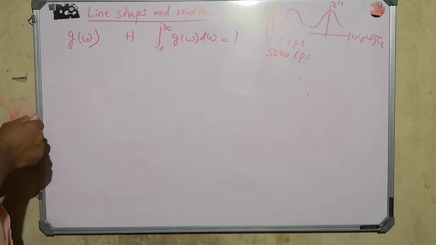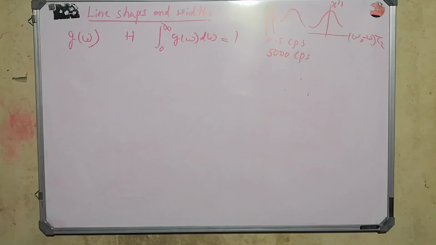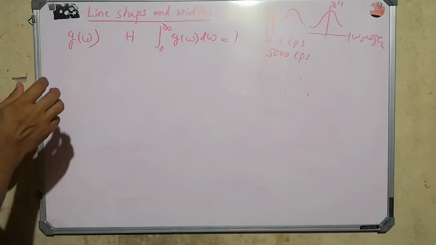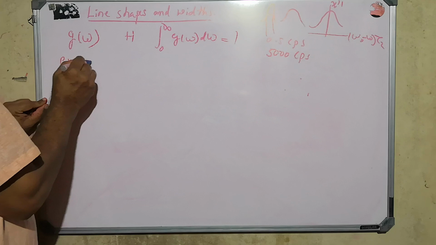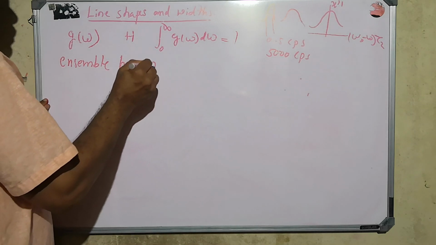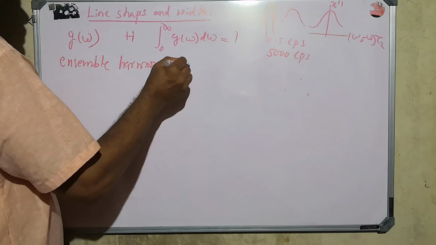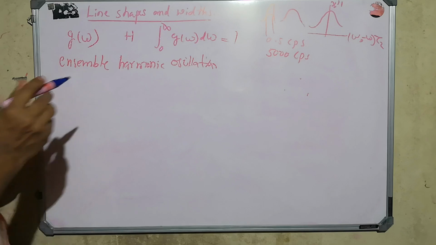According to Lorentz, each molecule or atom is considered to be an ensemble of harmonic oscillators.